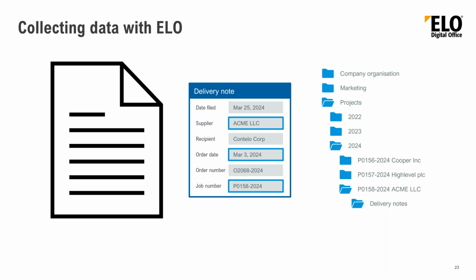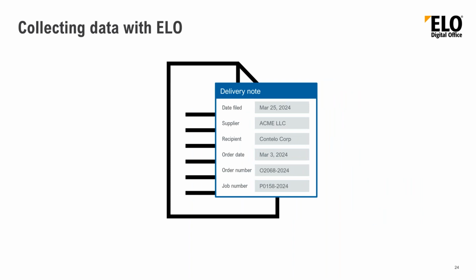And thanks to the information which we have collected during filing the document, we can file it with the correct name in the correct location to have a structured and organized way to file documents and information in our repository. And as I said, it takes much more time to explain how it works than it works in real life, because it's just filing a document and the rest happens automatically.